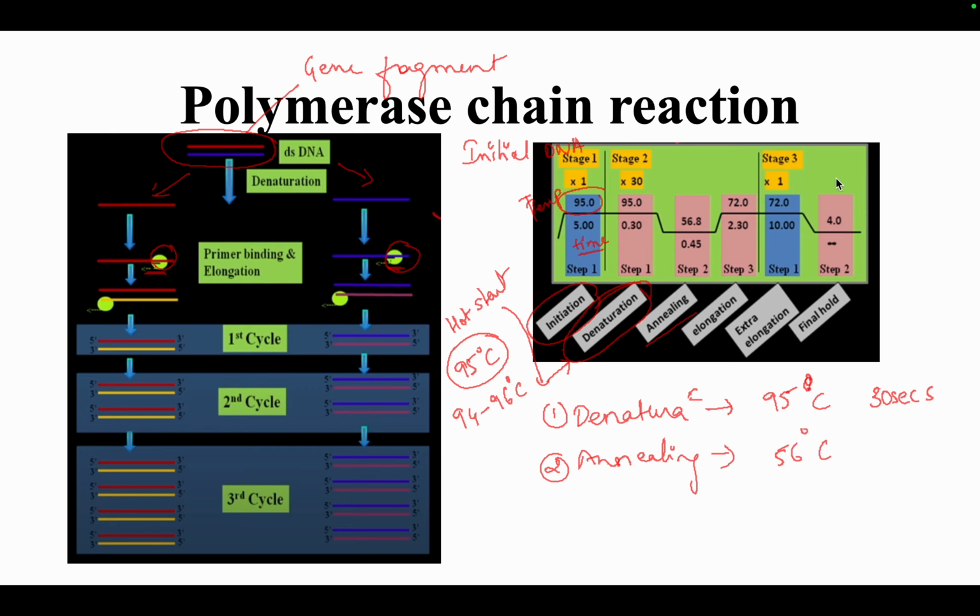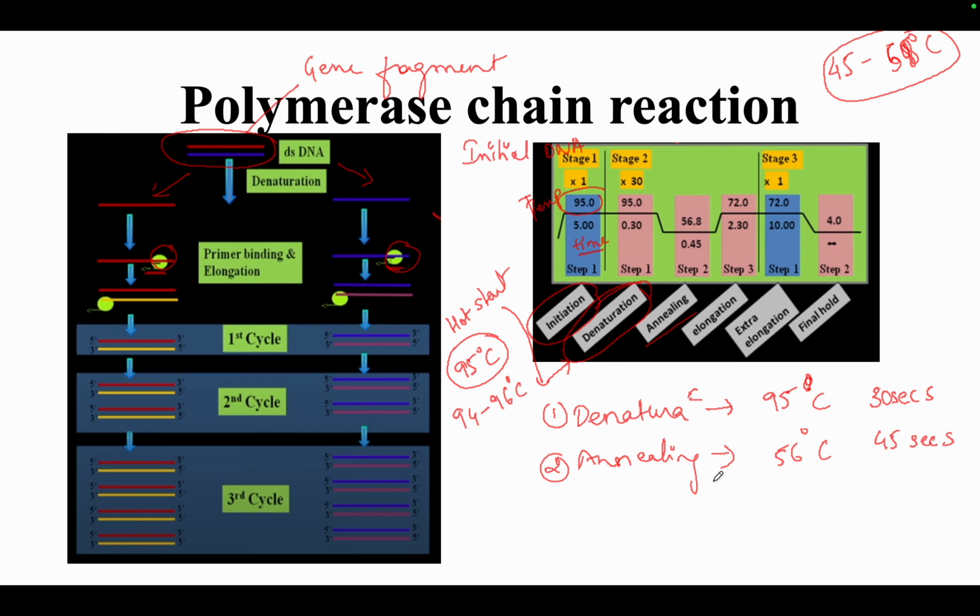Approximately, the annealing temperature ranges from 45 to 60 degrees Celsius, but generally we don't go up to 60; it is around 45 to 58. This lasts for 45 seconds.